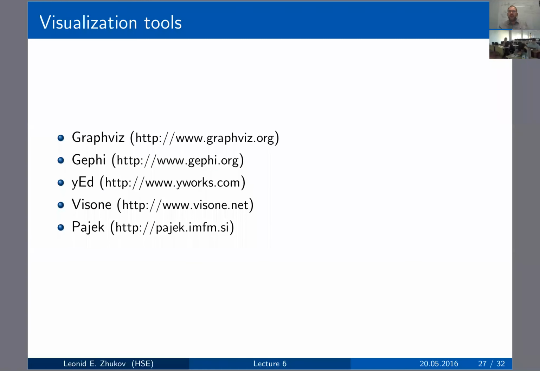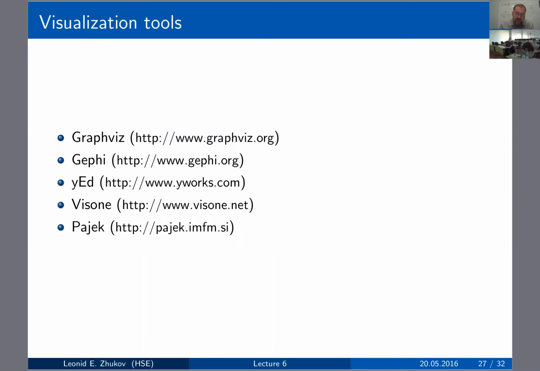So a few words about tools just to make it practical. For small networks, you can easily use just R itself, simply because it's easier, and R can handle small graphs. But when you get to larger graphs, life becomes harder. Here's a bunch of tools that are available. I personally use Gephi most of the time.